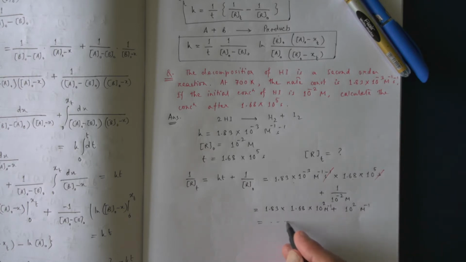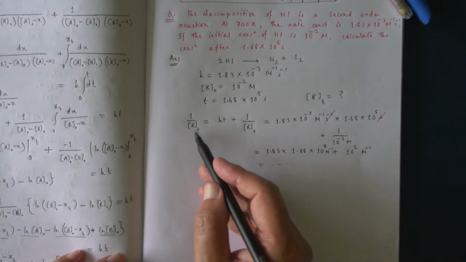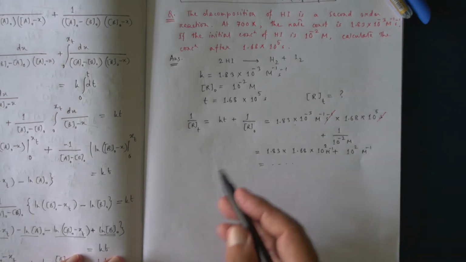So you just simplify, take the reciprocal, you will get the value of [A]t. Okay, so this you can do.